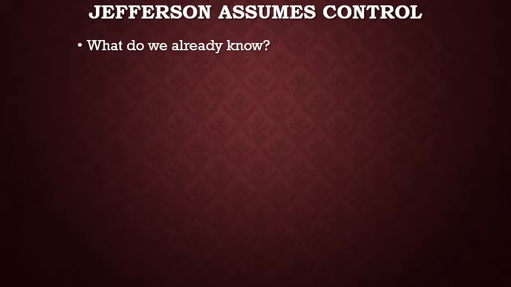Jefferson had been the vice president under John Adams, even though they were from opposing parties. That's just how things worked in the first few elections until 1804. The winner of the election gets the presidency, and the runner-up basically gets the vice presidency.